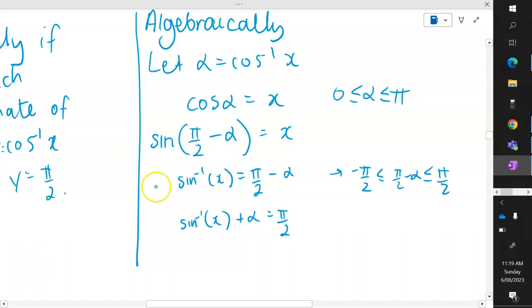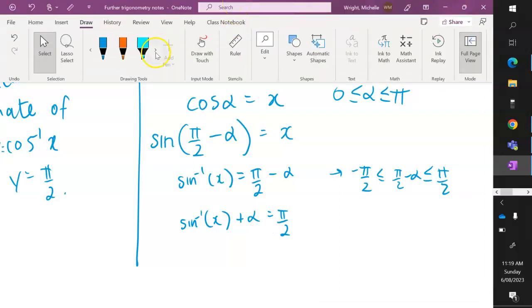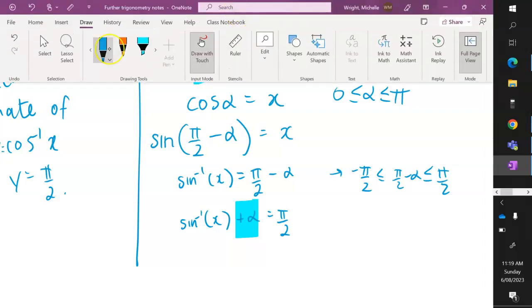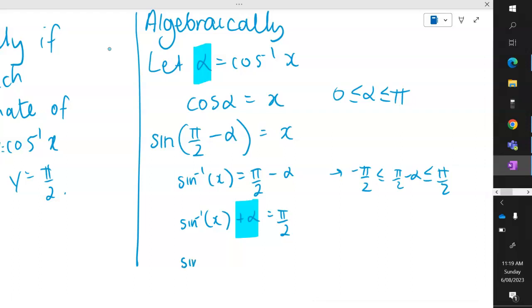But we know this is the case because we're always working in those restricted domains. So sine inverse of x plus alpha is equal to pi on 2. And we know right from the start, and I'll just highlight that for us, that this alpha here is also equal to this alpha up here. So that basically means that sine inverse of x plus cos inverse of x, which is what our alpha is, is equal to pi on 2 as requested.